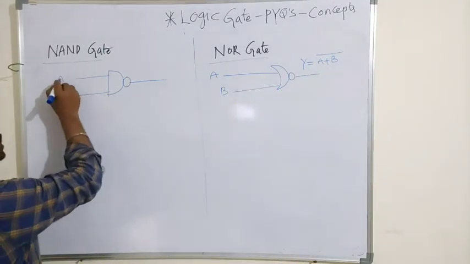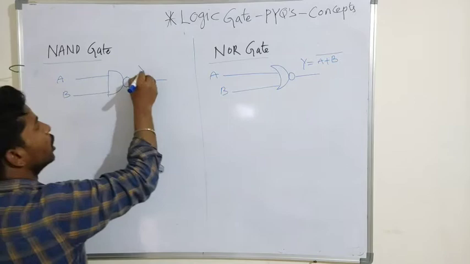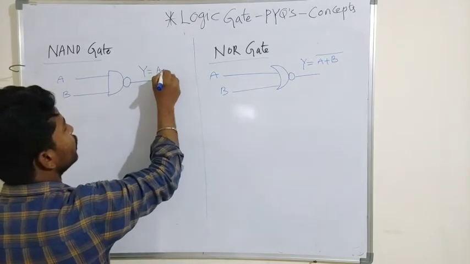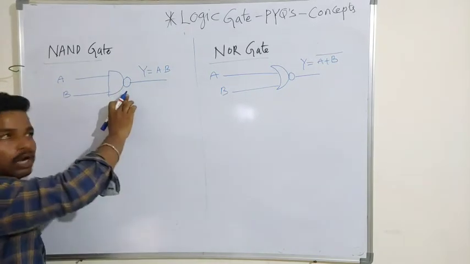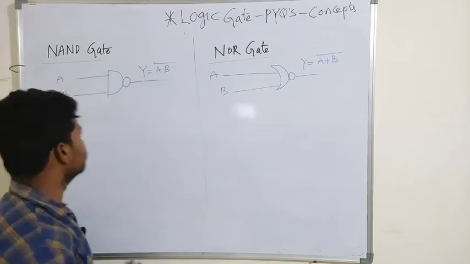The AND gate also takes 2 inputs, and the output Y produces A dot B. Because of the NOT gate, it has to be complemented.